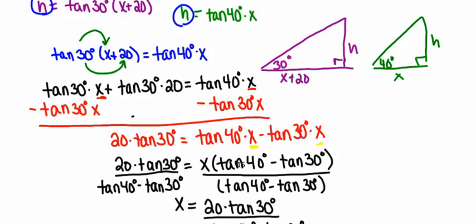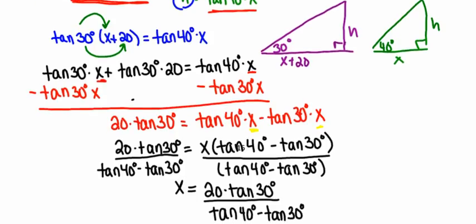The height is either equal to this whole expression, tangent of 30 times x plus 20, or tangent of 40 times x. I can substitute x into either one of those in order to find the height. I'm going to pick the green one just because it's less complicated and not as difficult to work with.